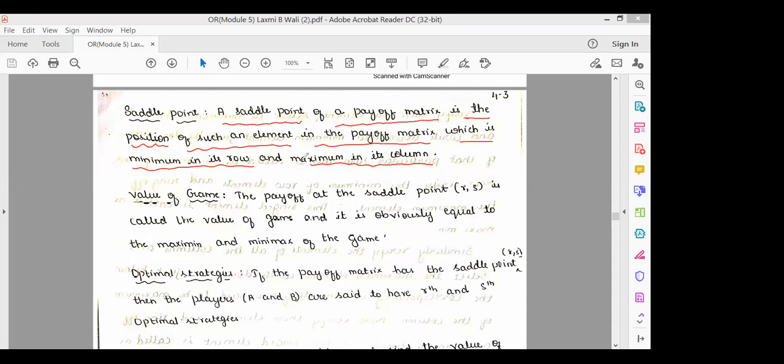So when the minimum of the row and the maximum of the column are the same, the position of such an element is called a saddle point.